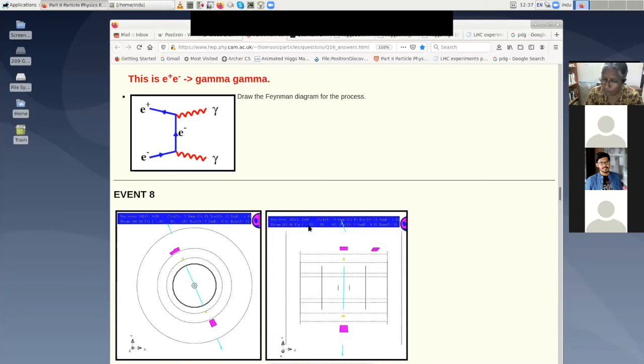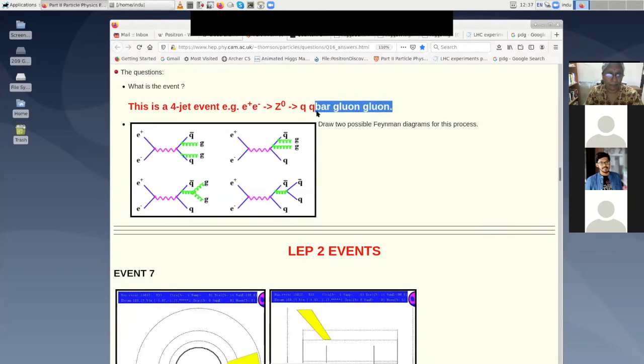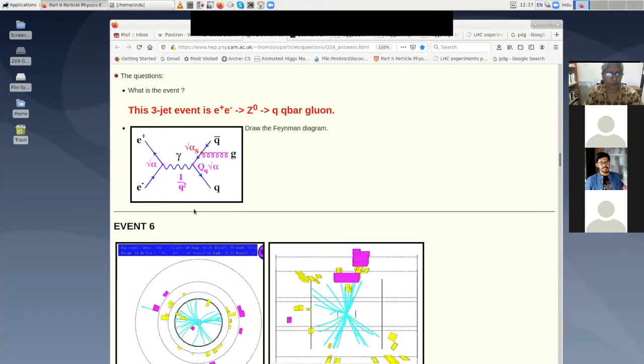But again, the process by which a quark can emit a lepton can only be electromagnetic or weak, right? Let us go to a simpler quark going to quark gamma.